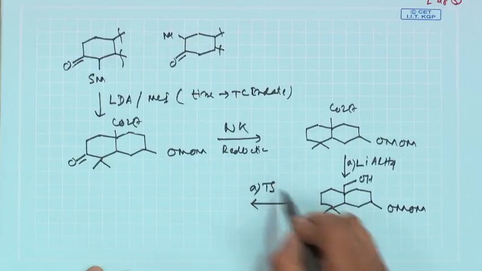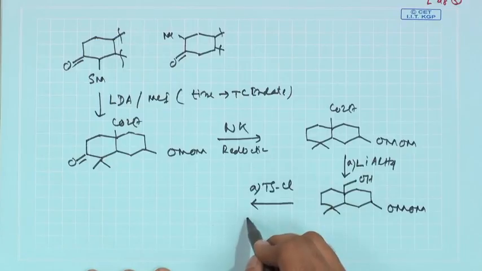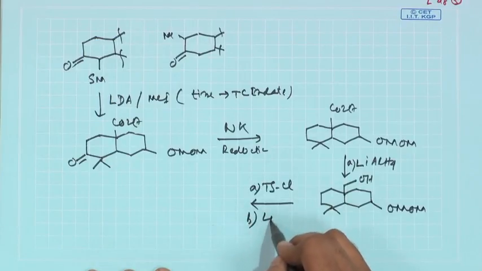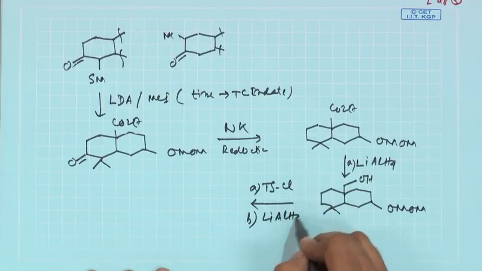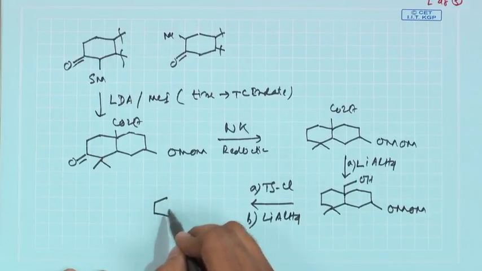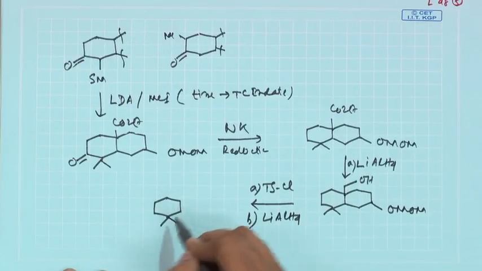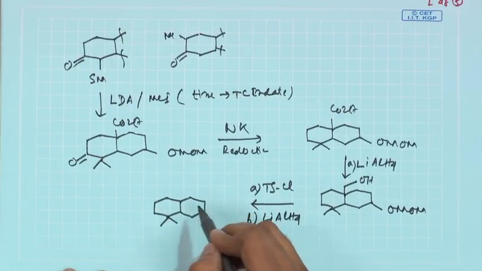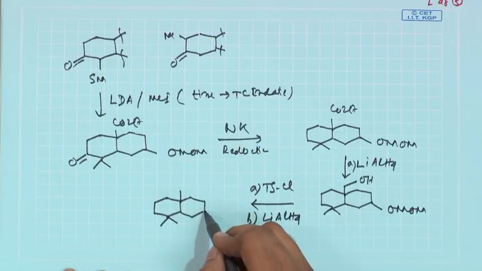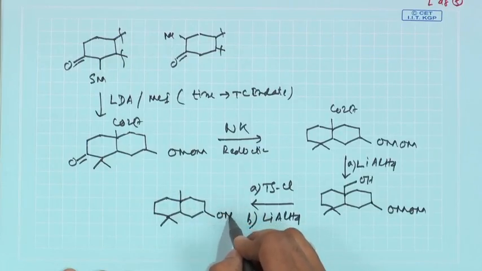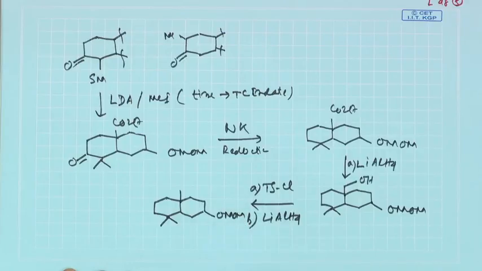You have to convert the corresponding alcohol to the methyl just by using tosyl chloride followed by lithium aluminum hydride, which will give the methyl in the angular position. It will give you this compound.